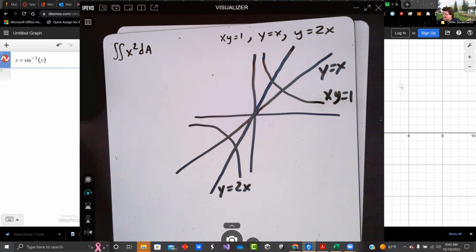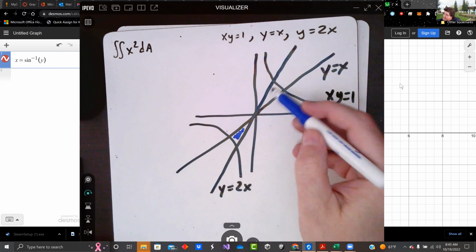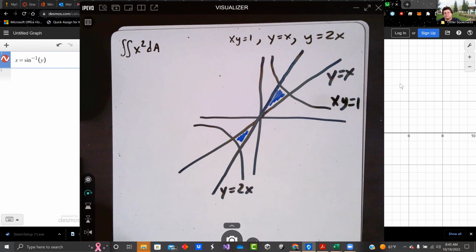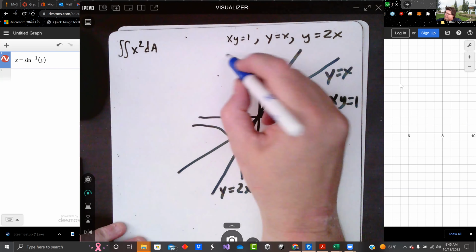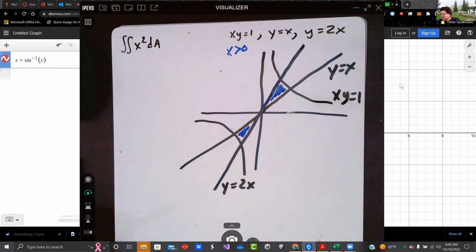So you're looking at these regions, aren't you? I think it's already complicated enough that we will add in the restriction that x is greater than 0. I'll be merciful.